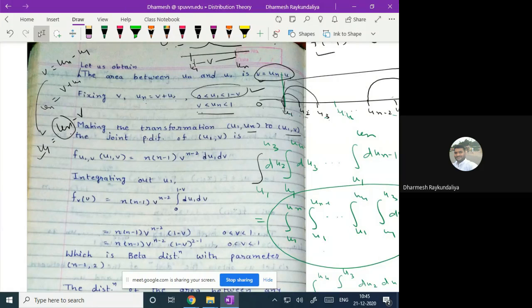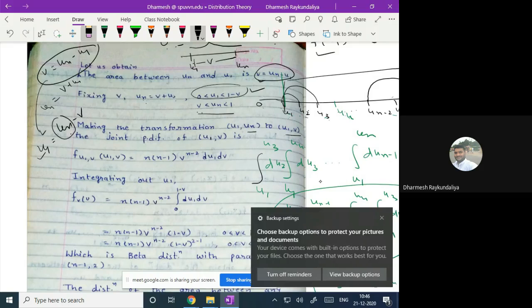Okay. So what is the partial derivative of u1? u1 is as it is, so that is du1. And v is equal to what? v is equal to this. If you take the derivative of v with respect to un, what will you get? dv is nothing but dun.